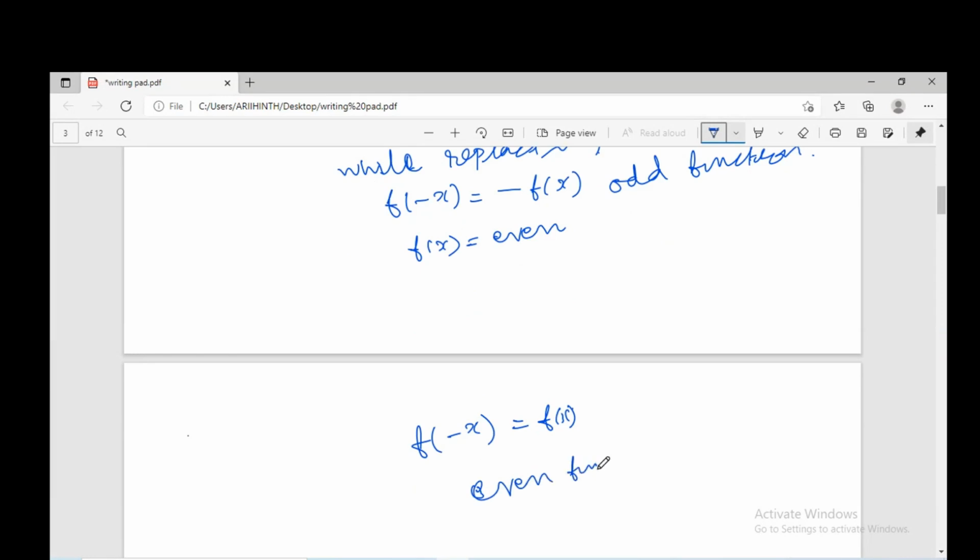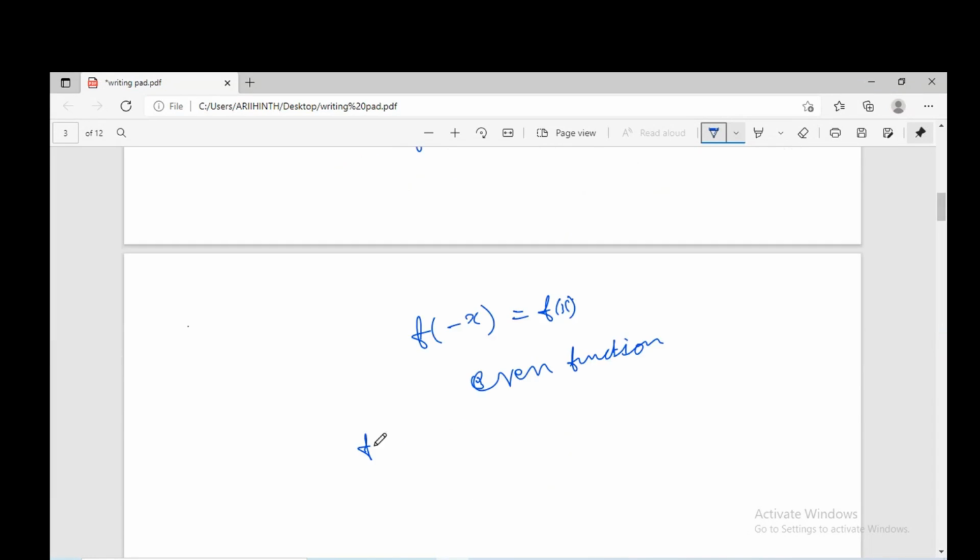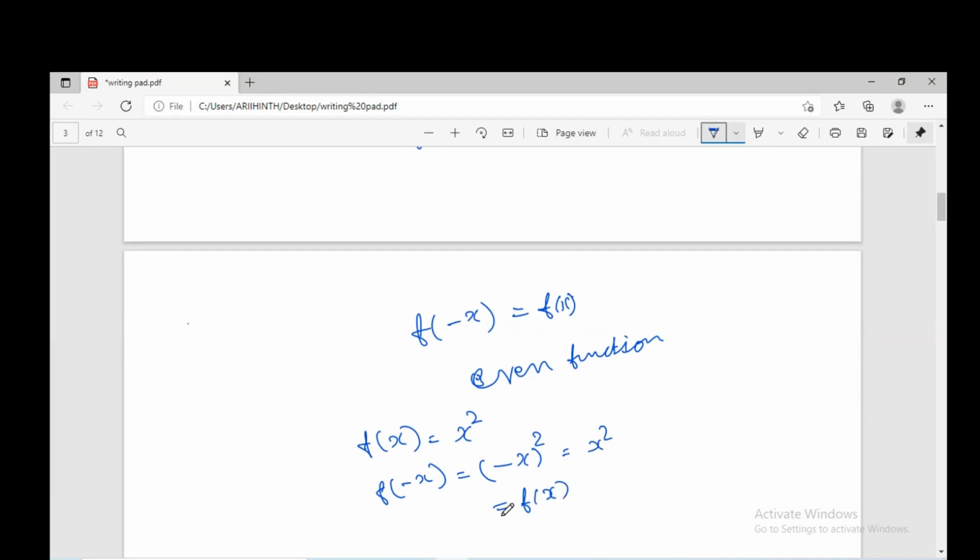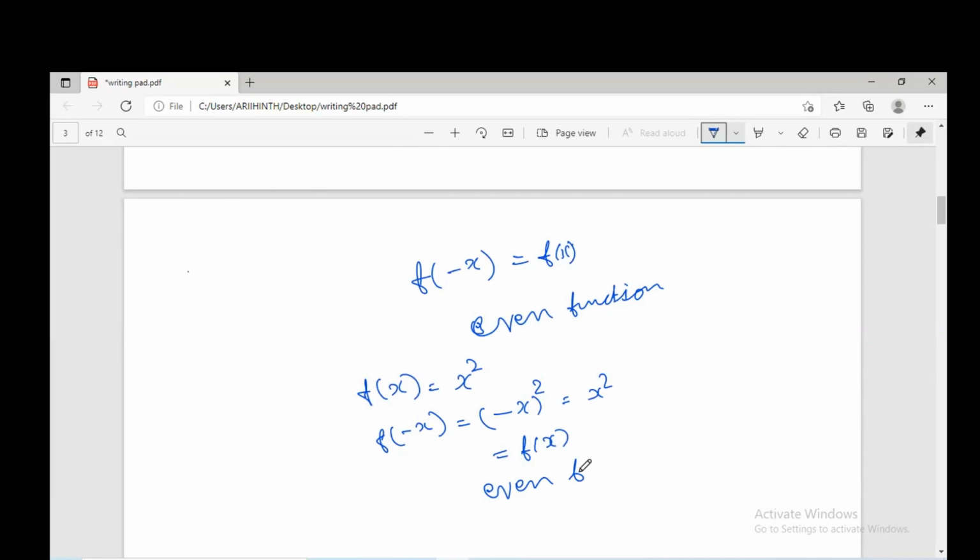We will see an example. f of x is equal to x square first. Now I'm going to replace x with minus x. So minus x the whole square is equal to x square. Again I'm getting f of x here, so it is an even function.